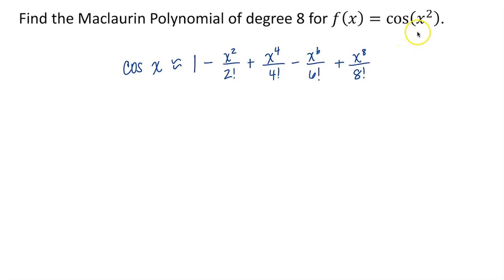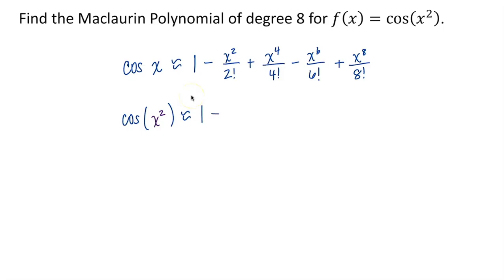Well, I want a Maclaurin polynomial for cosine of x squared. That's degree 8. So what I get to do is simply replace x with x squared. And so I'm going to replace each x over here with x squared until I reach a degree 8 polynomial. So I have cosine of x squared now. So this is going to be approximately 1. I can't plug anything into 1. There's no x's there.